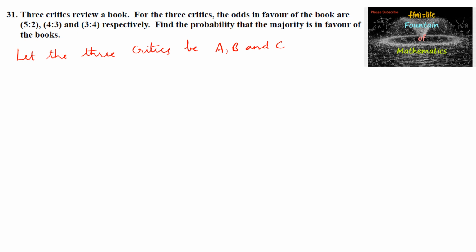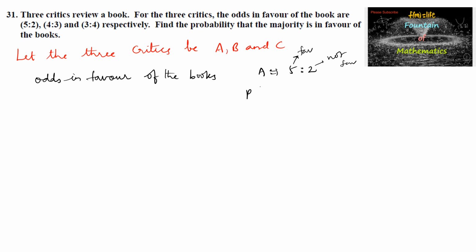So it is given that the odds in favor of the book for the three critics are given. For A, it is given 5 is to 2. Since they are odds in favor, this is the favorable and this is the not favorable.